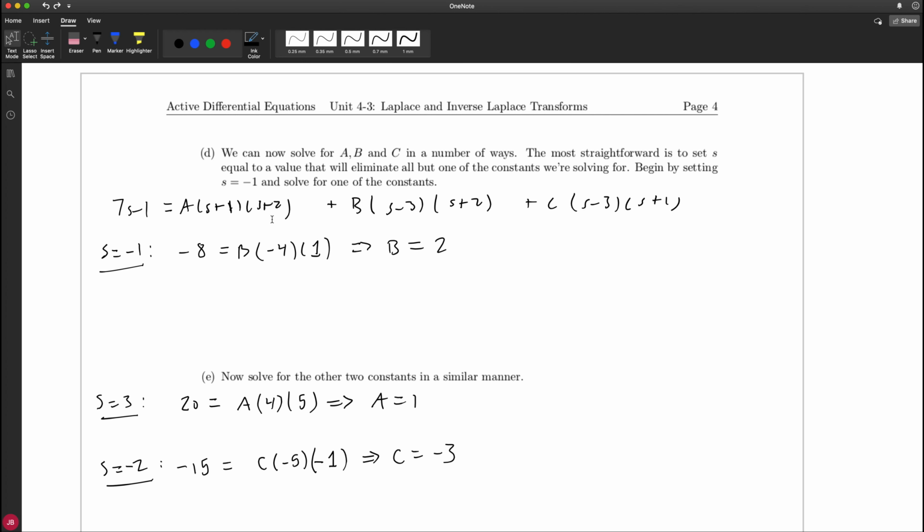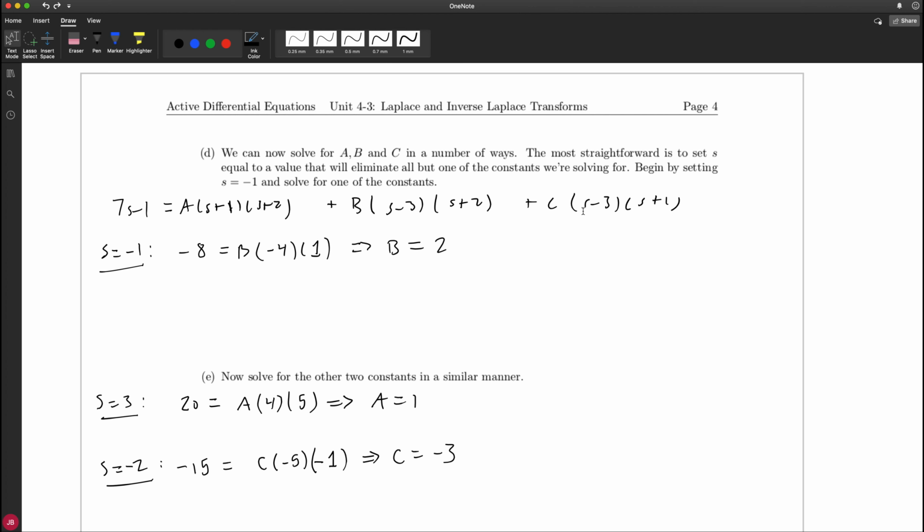There's a couple ways to do this. The Calc 2 way is to expand this expression, this expression, and this expression, and then group everything together according to powers of the variable s. So you'd have some expressions with a, b, and possibly c times an s squared, some with a, b, and c times s, and then the constant term left over.